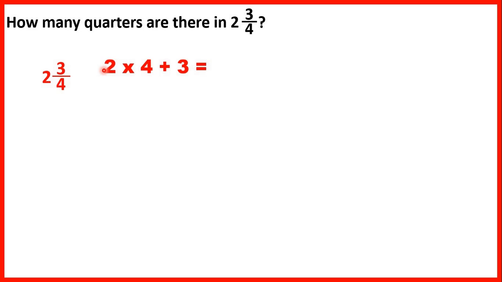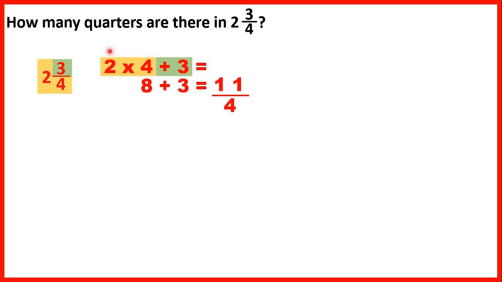To get the numerator of our improper fraction, we need to work out 2 times 4 plus 3. So we need to multiply the whole number by the denominator and then add the numerator. 2 times 4 is 8, and 8 plus 3 is 11. So as an improper fraction, we write 2 3/4 as 11 quarters.